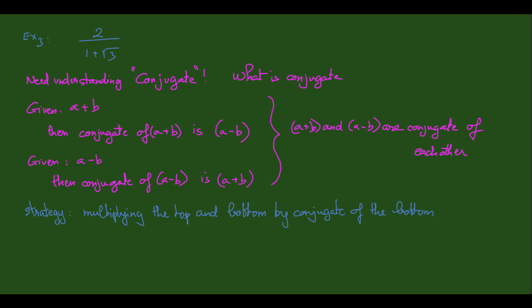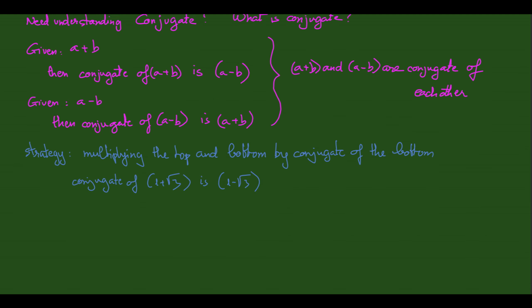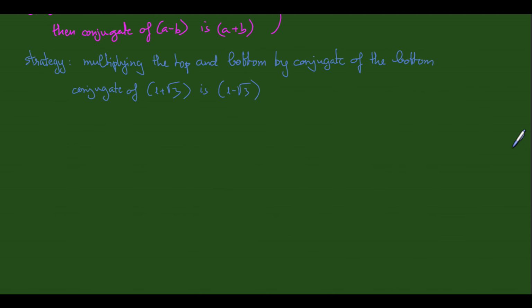Right now we have the bottom is 1 plus square root of 3, right? So the conjugate will be everything except for the sign. So the conjugate of 1 plus square root of 3 is 1 minus square root of 3.